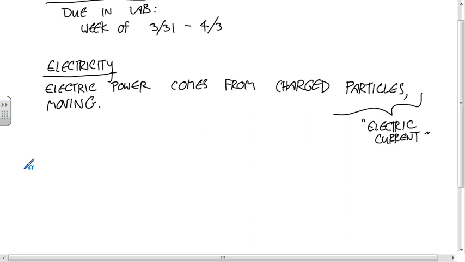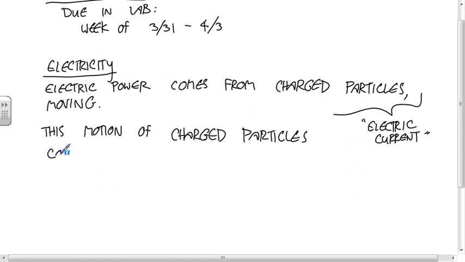Okay, so all electric power comes from charged particles in motion. And so how are charged particles put into motion? The motion of these charged particles, the ones that we're talking about being in motion, you can think of as a collection of test charges.